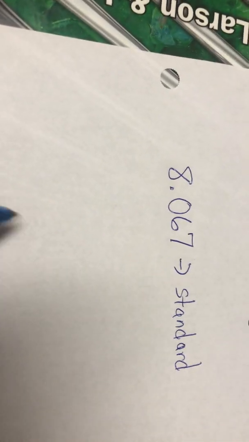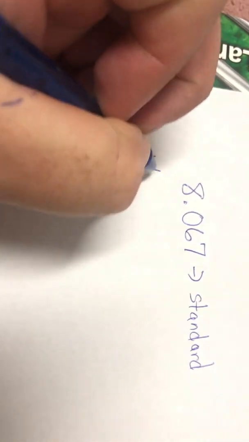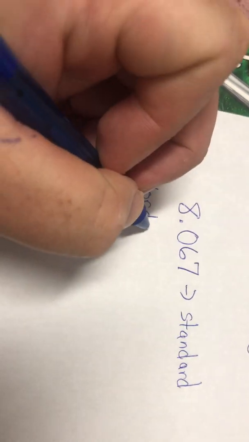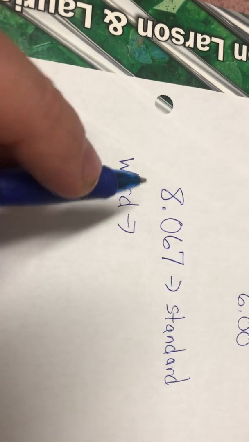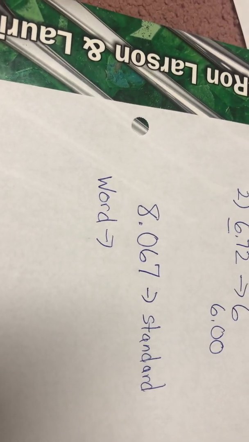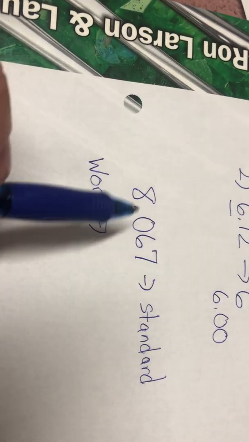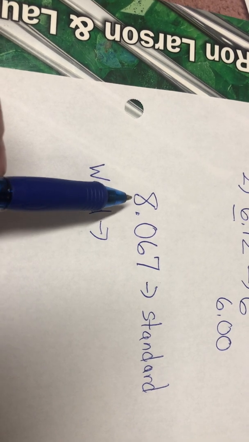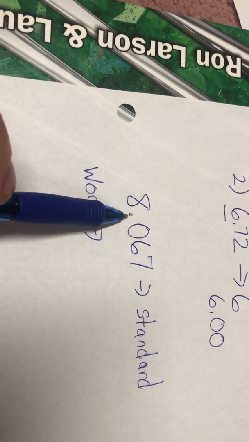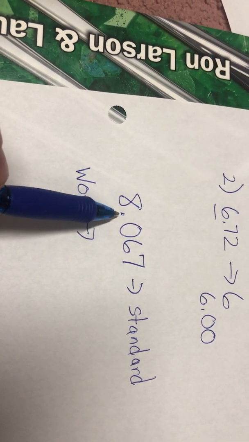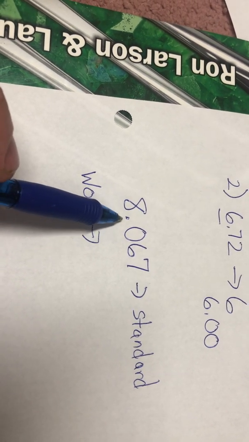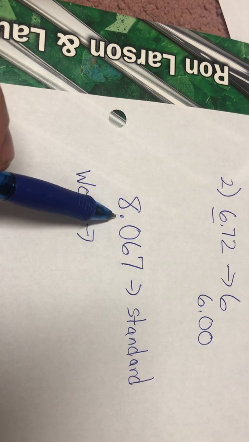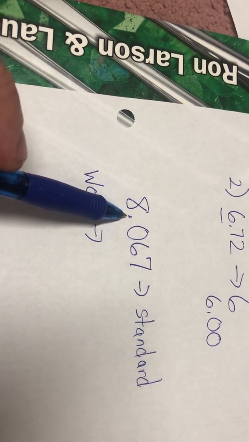Now, we also have what we call word form, which is when we actually have to write it out the way we would actually say it. So let's think about standard form, word form, all those things. Well, remember, this is going to be 8 and, because the decimal, we don't say point. When we say things in word form, we always use the word and in place of the decimal.